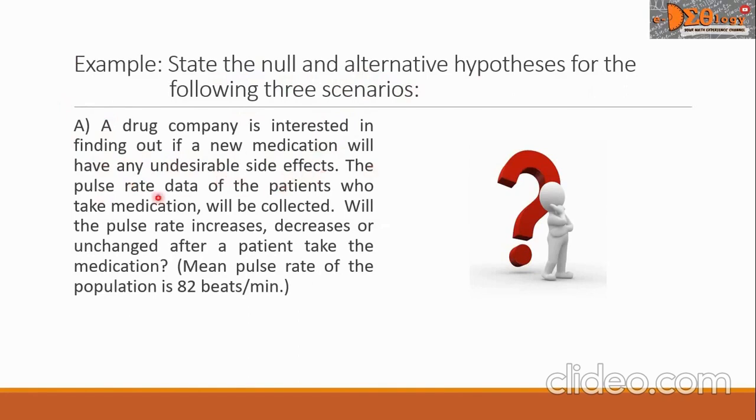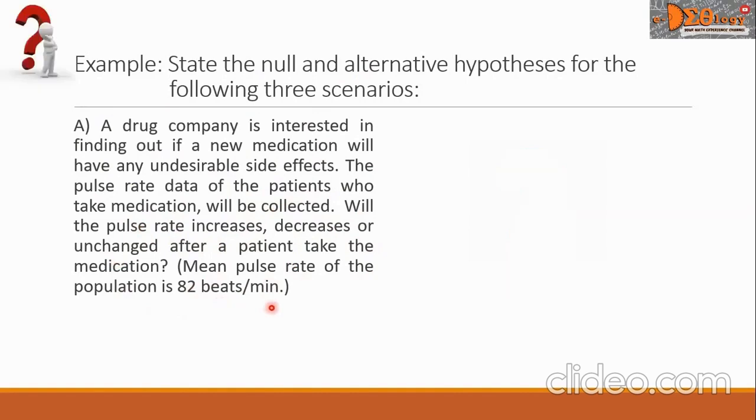The pulse rate data of the patients who take medication will be collected. Will the pulse rate increase, decrease, or remain unchanged after a patient takes the medication? Given the mean pulse rate of the population is 82 beats per minute.